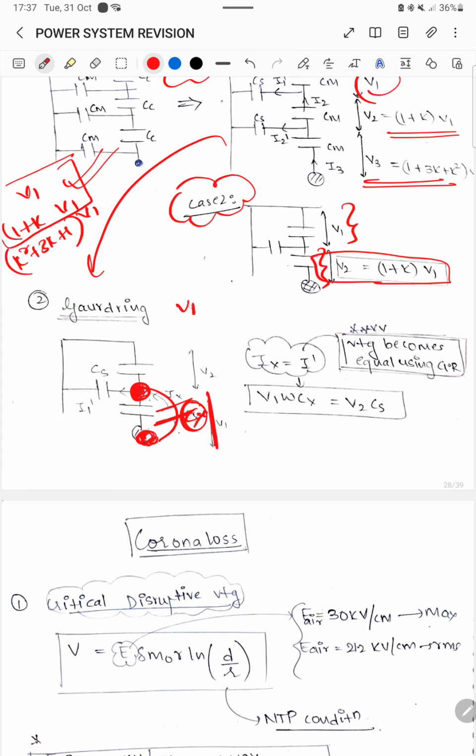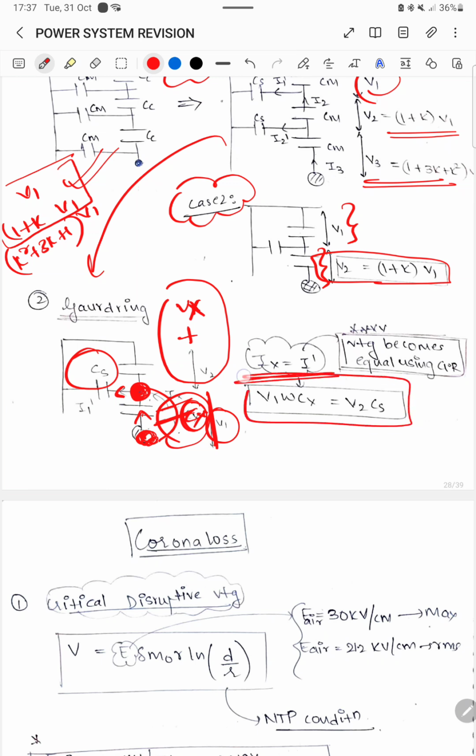If there were some Vx at the top, then the potential at this point would be Vx plus V2 into Cs and V1 into Cx. We would equate that, and also the current going through this and this is the same, right? So we can equate the current and find out the Cx rating.